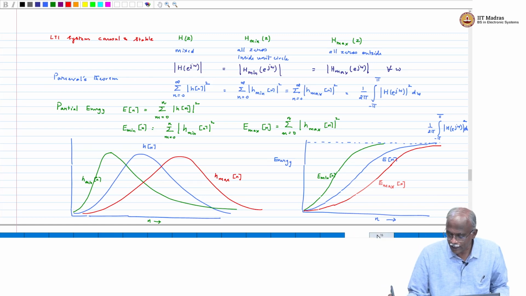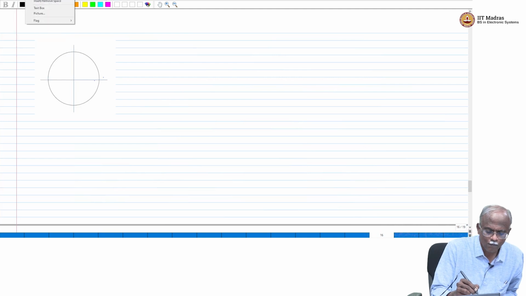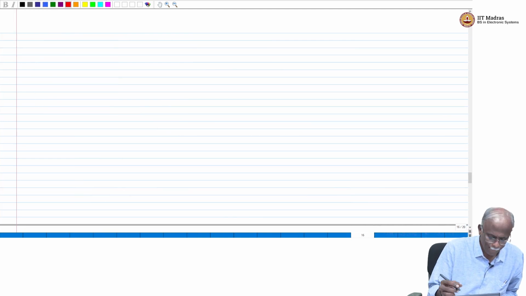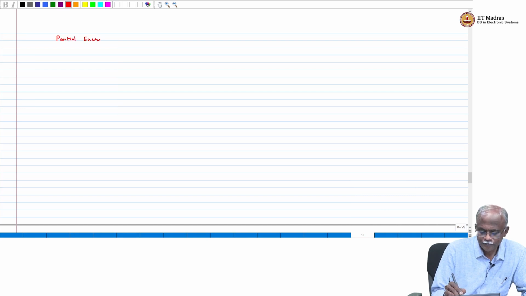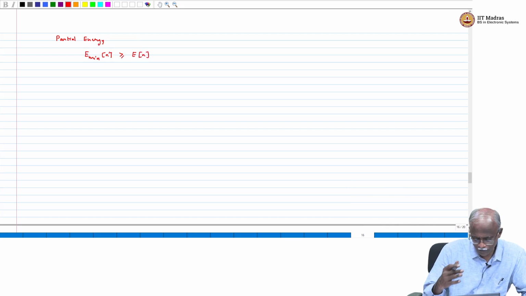So how can we write this particular result? We can write it in the following manner. The statement with regards to partial energy is that E min of n, the partial energy at any index n, will be greater than or equal to the partial energy of the sequence of the transfer function with mixed zeros, which will be greater than or equal to E max of n.